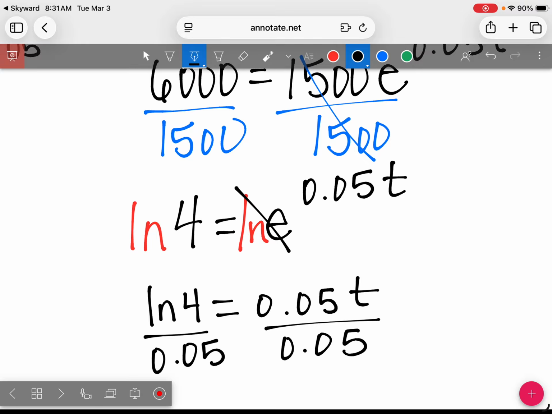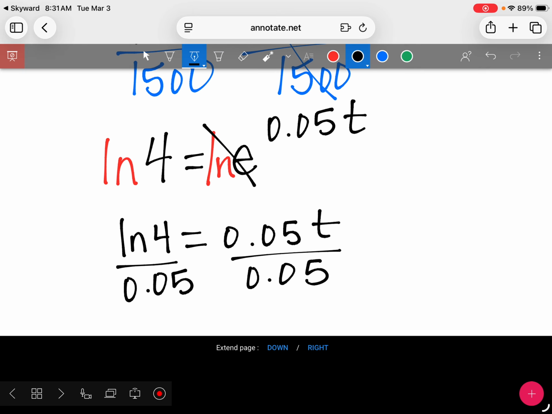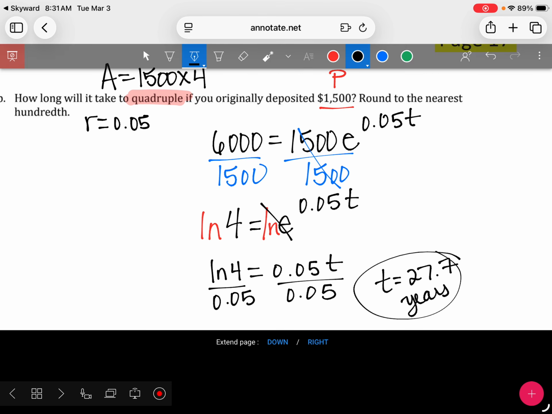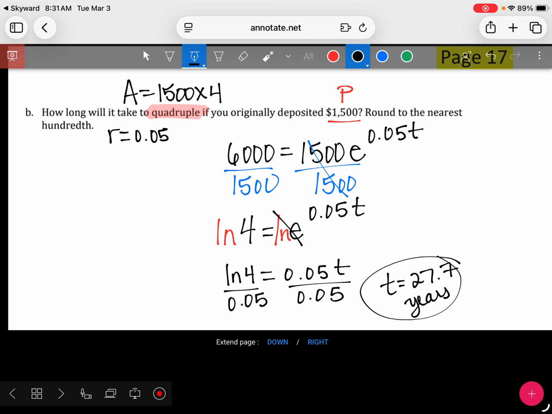And you should get 27.7. Because the number after 7 is 2, we don't need to round that. So T is 27.7 years. Any questions about number 4B.